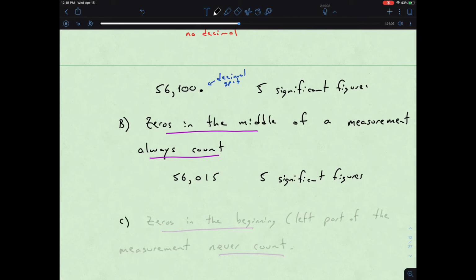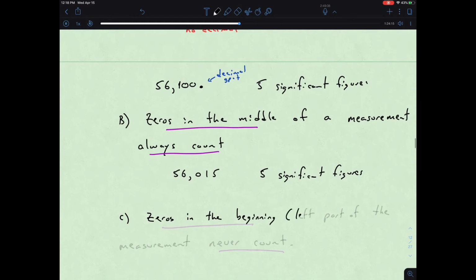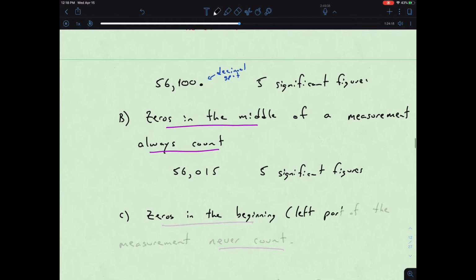And lastly, C, zeros in the beginning or the left part of the measurement never count. So these are numbers or values that come before.